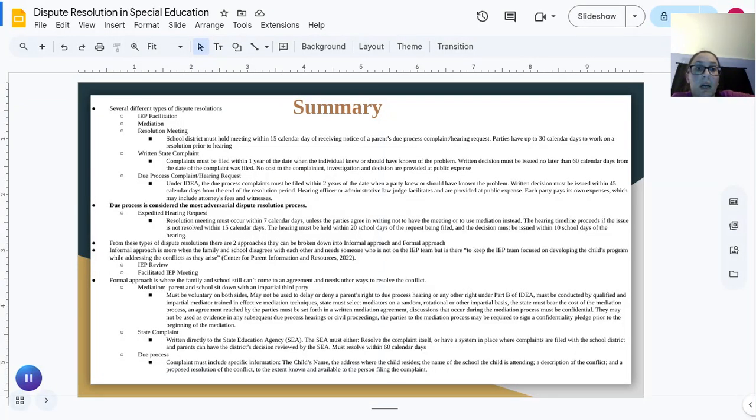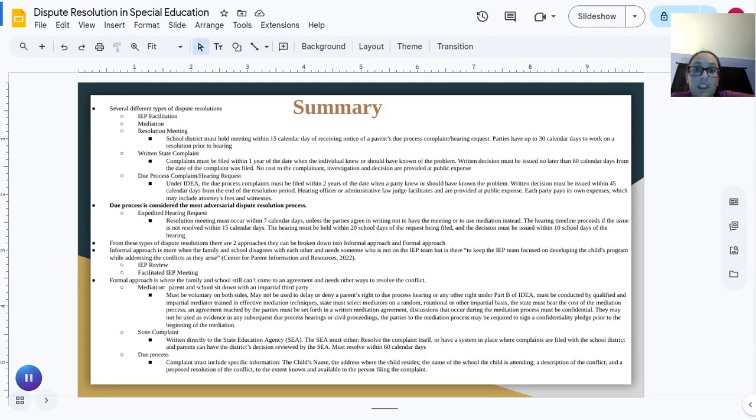Must be conducted by a qualified and impartial mediator trained in effective mediation techniques. The biggest one I found was that the state must select mediators on a random, rotational, or other impartial basis. The state must bear the cost of the mediation process.